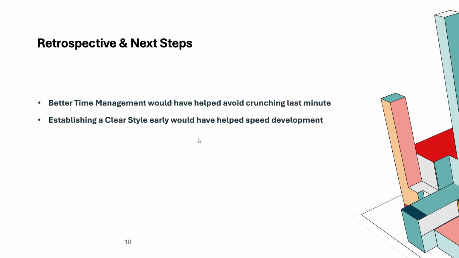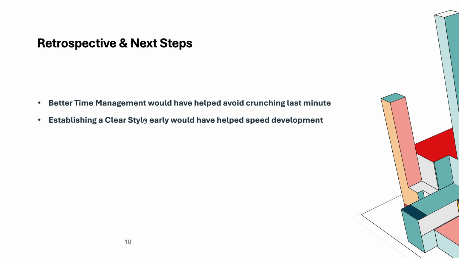So the retrospective, I think the last slide really covers our next steps. That's what we're going to be working on. I think my key takeaways, at least, were time management would have really helped us a lot.